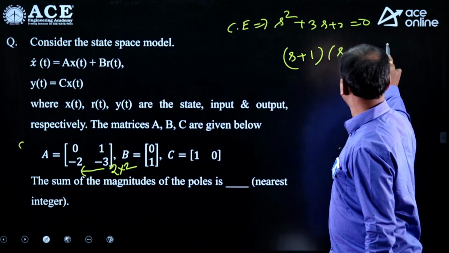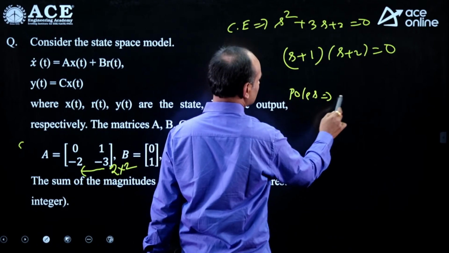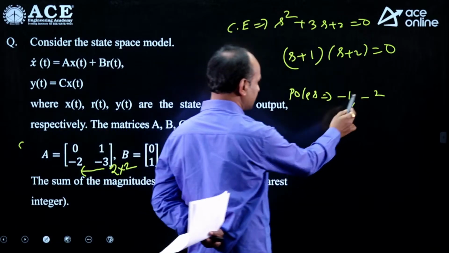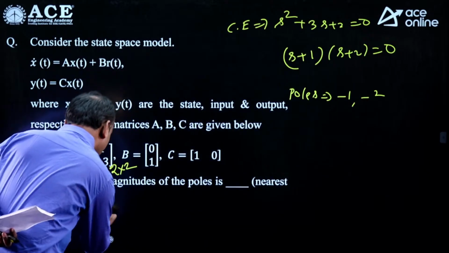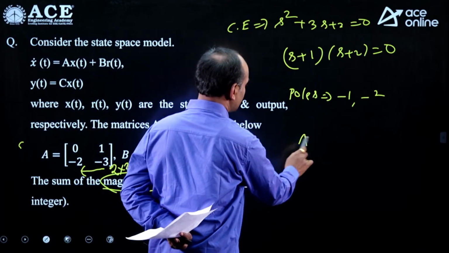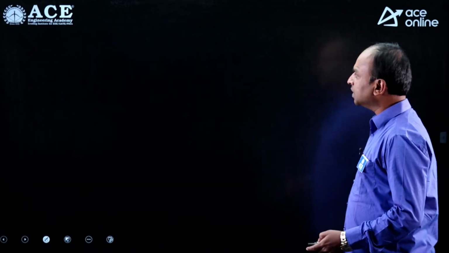What are the poles? S equal to minus 1 and minus 2. The examiner is asking for the sum, which would be minus 3, but in the question paper the magnitude is asked, so plus 3. The answer is 3. These are the questions from control systems.